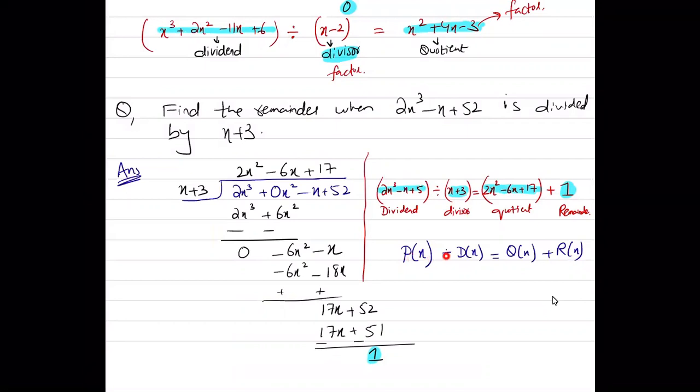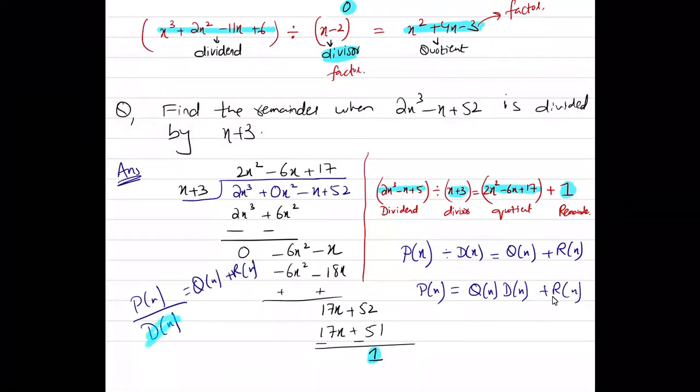Now p of x divided by d of x is the same as saying p of x equals q of x multiplied by d of x plus r of x. See, p of x divided by d of x is equal to q of x plus r of x over d of x. This term is going to go and multiply over there.